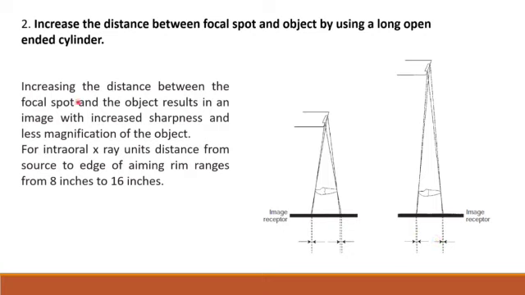So increasing the distance between the focal spot and the object results in an image with increased sharpness and less magnification. So for intraoral X-ray units, the distance from the source to the edge of aiming ring ranges from 8 inches and 16 inches, and that is how it is named as short cone and long cone.